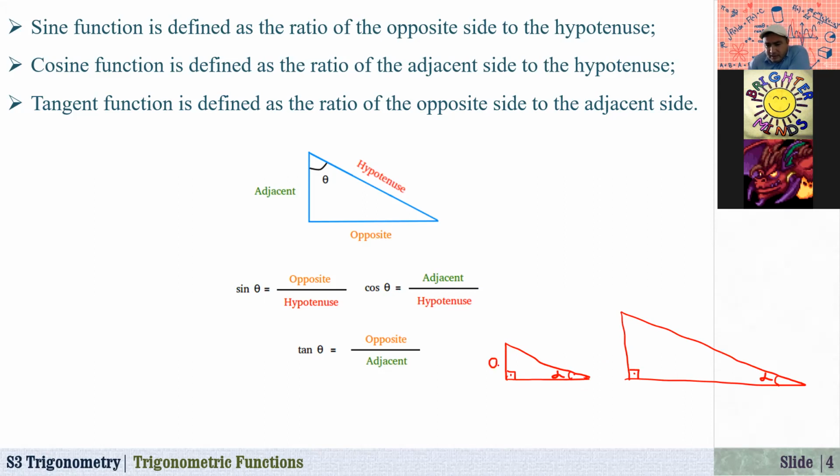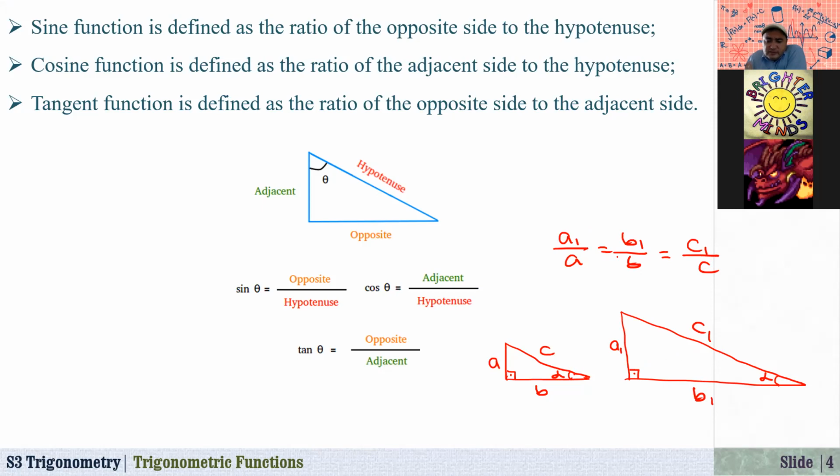Proportional means that if this side is A, this one is B and this part is C, and here we have A1, B1 and C1, then since they are similar, A1 over A is equal to B1 over B is equal to C1 over C. Regardless of the size of these 2 triangles, if they are similar, this proportion is always true.